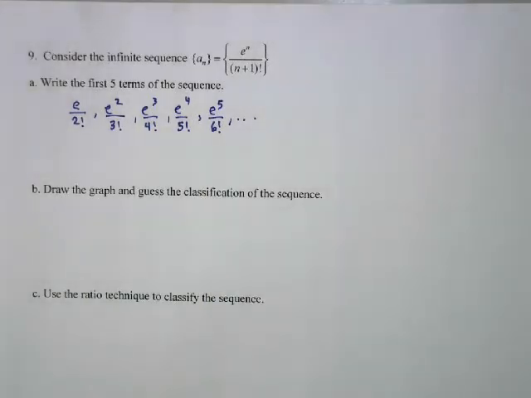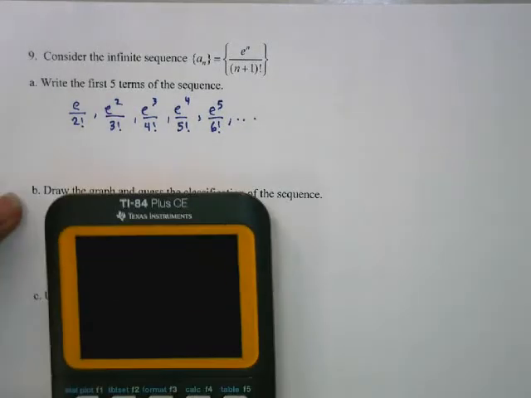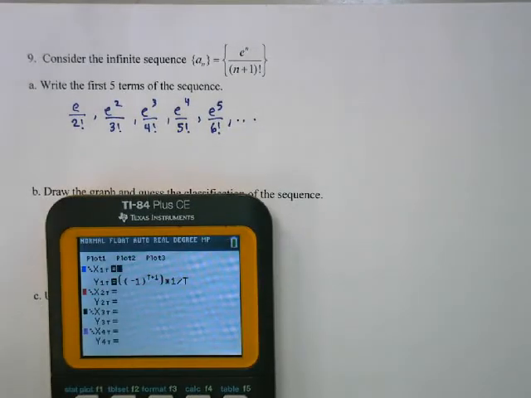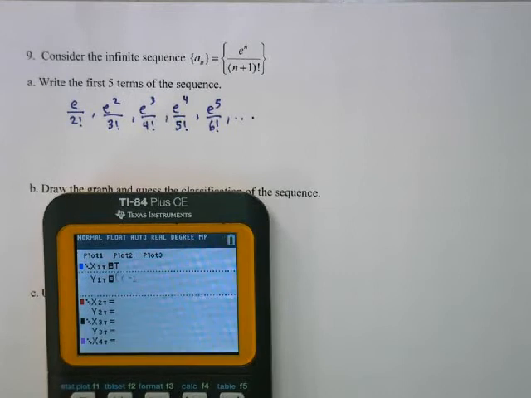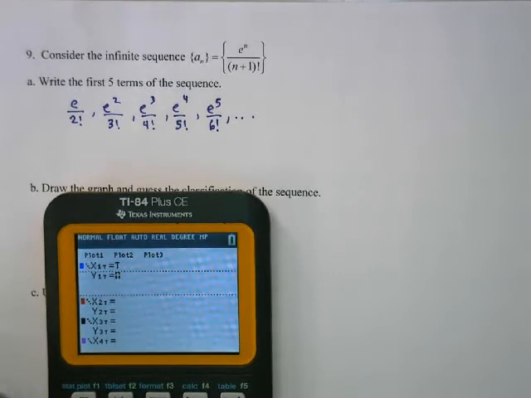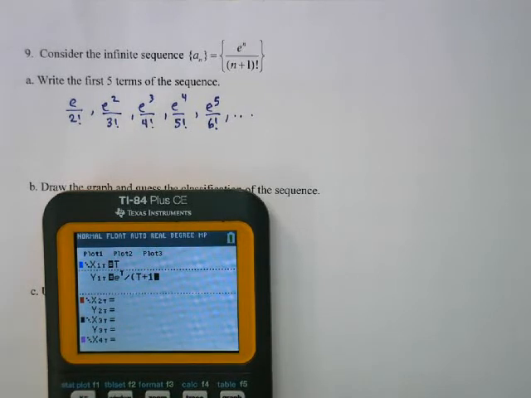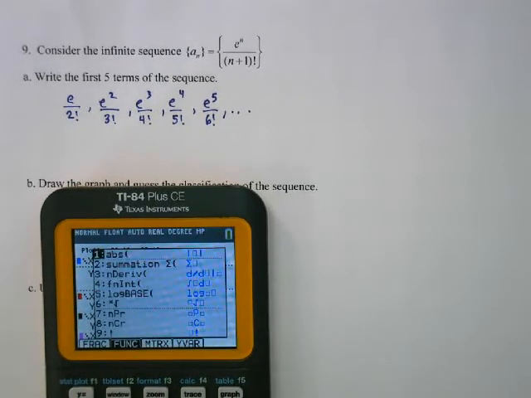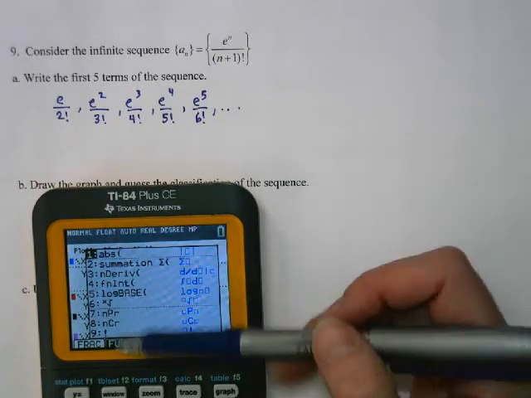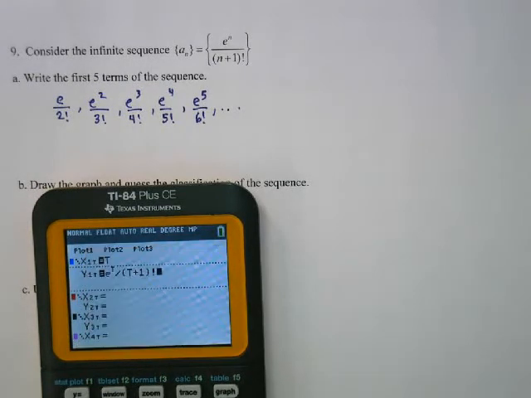Okay, we can graph this on the calculator or by hand if you felt like it. So we have e to the t divided by, in parentheses, t minus 1 plus 1 factorial, and you can find factorial in our good old function menu. It's number 9 there.